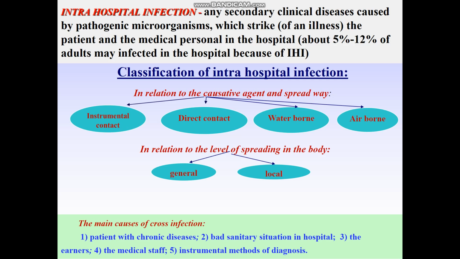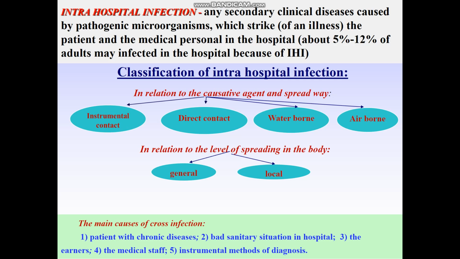One of the main tasks of a modern hospital is preventing intra-hospital infection. The risk of intra-hospital infection is a complication of the general condition of the patient, prolongation of the treatment period, increased lethality, and additional economic expenses. There are a number of infections spread in the hospital, such as intestinal infection and infection of the respiratory system. Classification of intra-hospital infection.